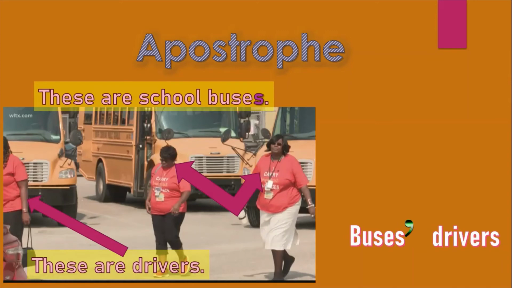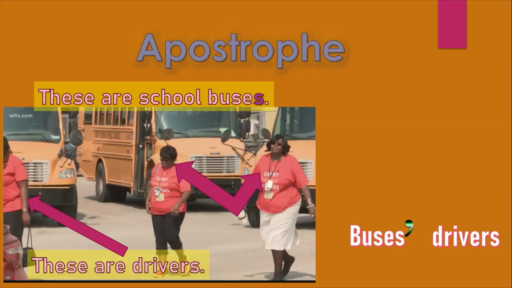Because it's a regular plural noun. So all it needs is an apostrophe at the end. Right? That's it. We don't need to add anything else but the apostrophe to show ownership. So now we have the buses' drivers, right?